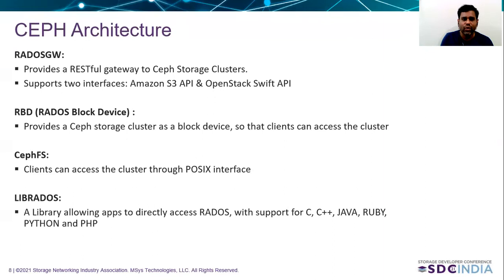RBD is the RADOS block device. It provides a Ceph storage cluster as a block device so that the clients are able to access the cluster. And in the Ceph file system, clients can access the cluster through the POSIX interface, like how they access typical file systems. And LIBRADOS is a library that allows apps to directly access RADOS with support for C, C++, Java, Ruby, Python, and PHP.